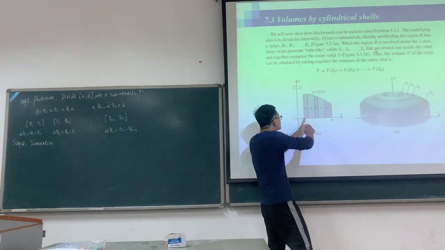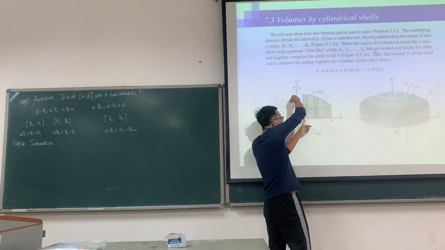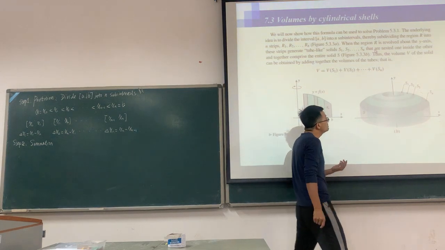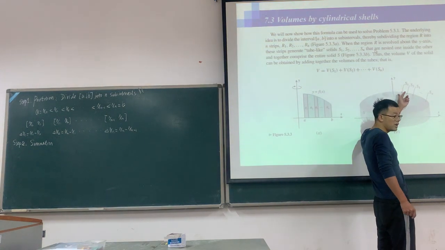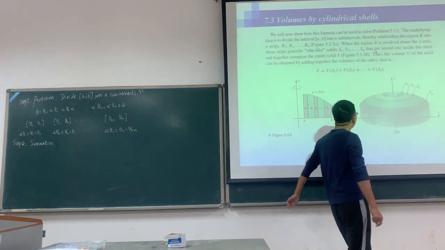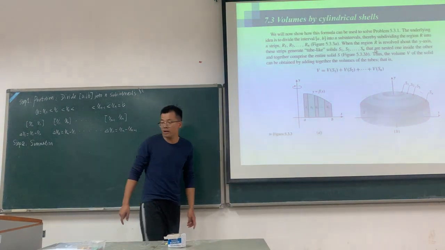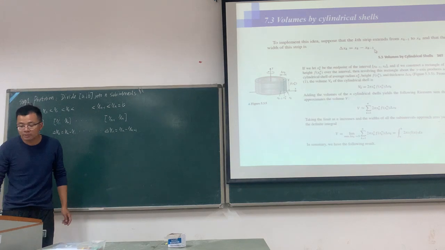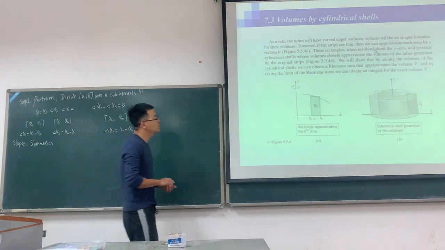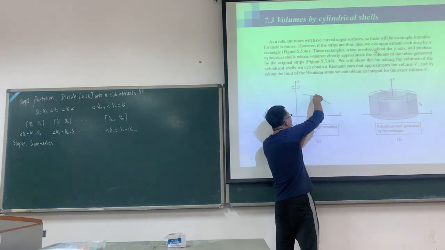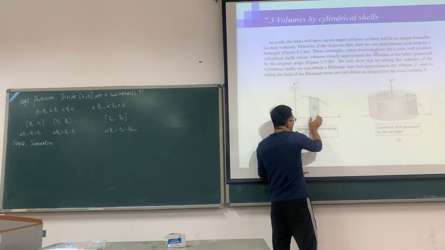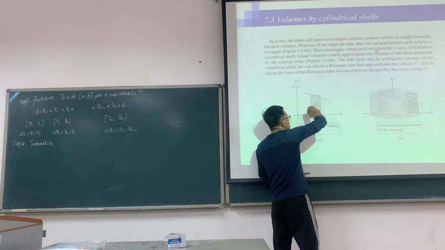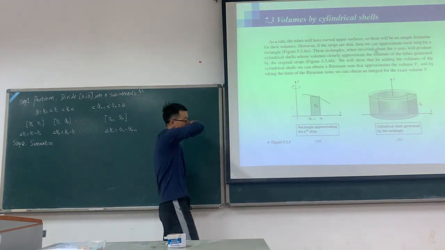Each strap revolving about the y-axis gives us n tube-like solids. For each tube-like solid, we use a rectangle to approximate the area of the strap.